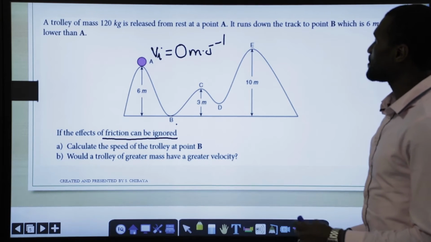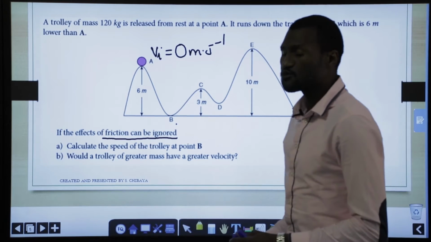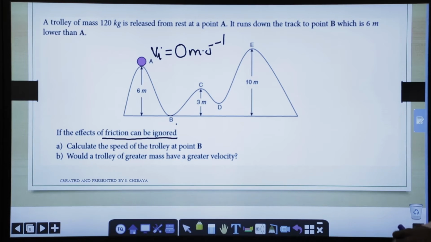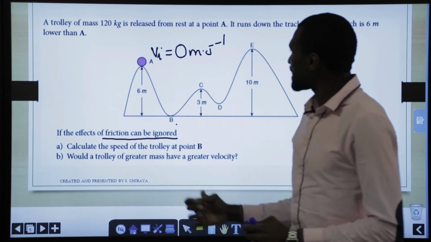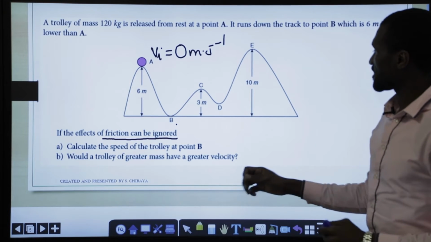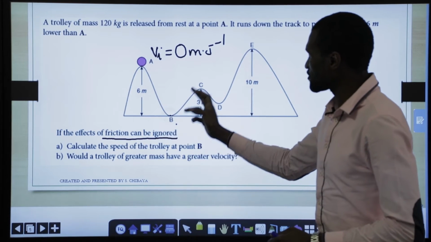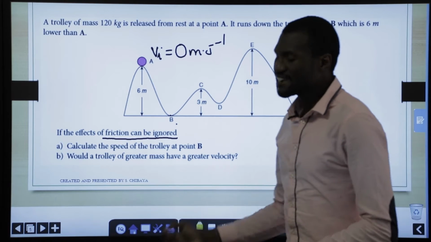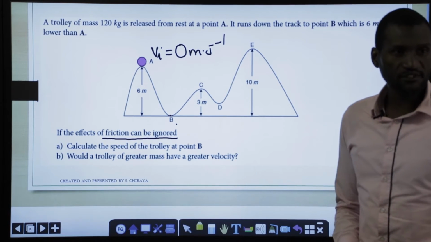This question is pointing at the aspect of mechanical energy, right? We must know that in the absence of friction in this particular motion of the object, the mechanical energy is conserved.